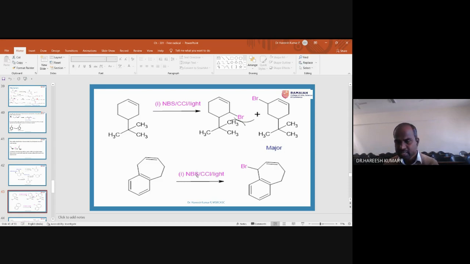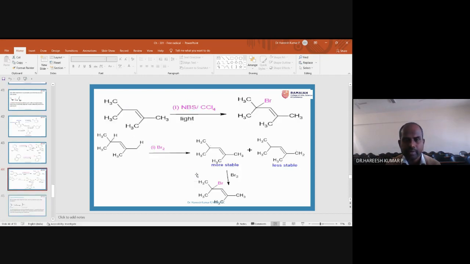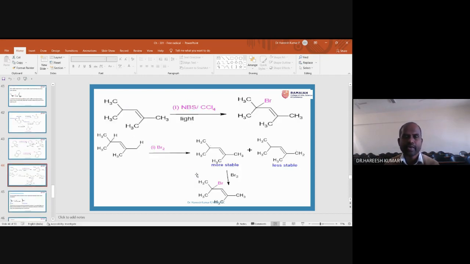So with this, I will go to the next slide. Here I am taking one more example. You can observe that this is a double bond, and this double bond is attached to a CH group.